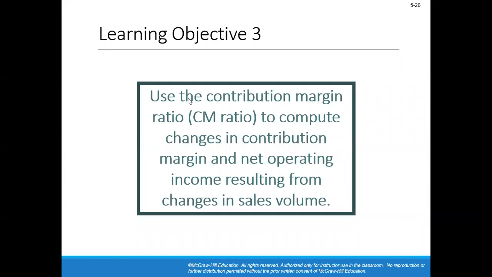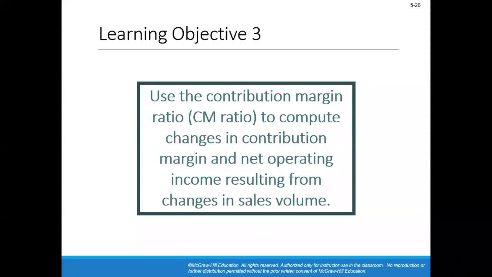So in learning objective 3, today we would like to see how contribution margin ratio can be helpful to compute the changes in contribution margin and the changes in net operating income. If we think that there has been a change in sales volume, or we are expecting to change our sales volume, how can contribution margin ratio be helpful?